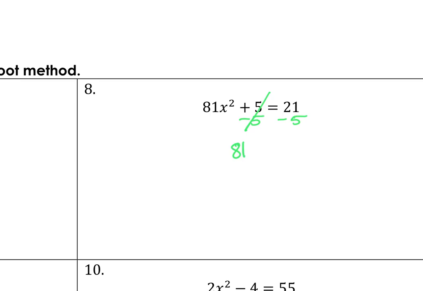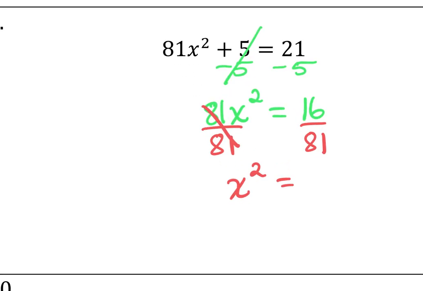So that I have 81x squared is equal to 16. And then all I have to do to get x squared by itself is get rid of the coefficient. Since it's being multiplied by 81, I'll divide. Which means x squared equals 16 over 81.